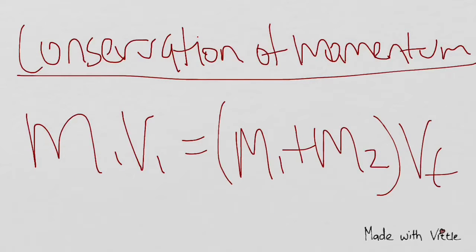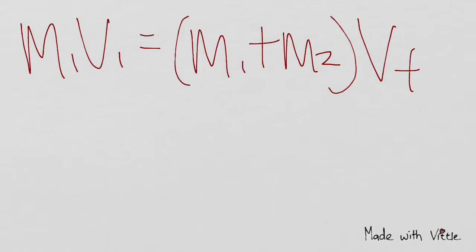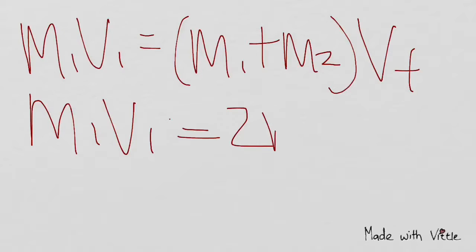Now we will use the conservation of momentum to solve for the initial velocity of the first block. In the first part of the equation, the only moving part of the system is block 1, so the m2 v2 term cancels out. Both m1 and m2 had the same mass, so the equation simplifies to m1 v1 equals 2m vf.